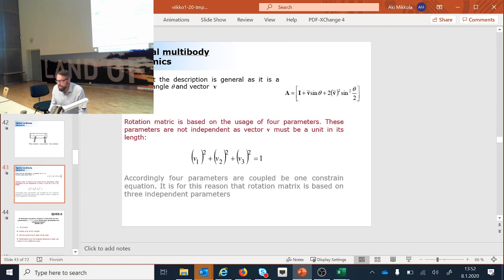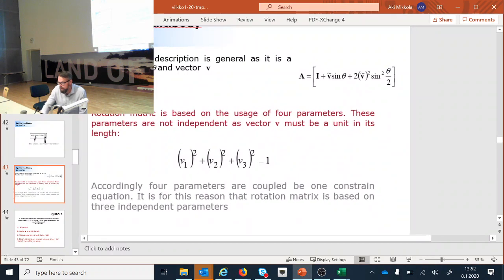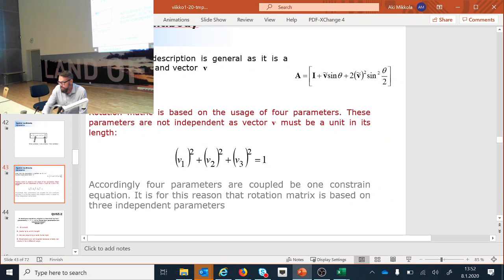this is how it is related. This is my constraint equation, because remember I said that the vector v is unit in length. So if I take the components of vector v and square them, the result has to be equal to 1. That's my constraint equation. They are not free to have any values they want, but are constrained by this one constraint equation.